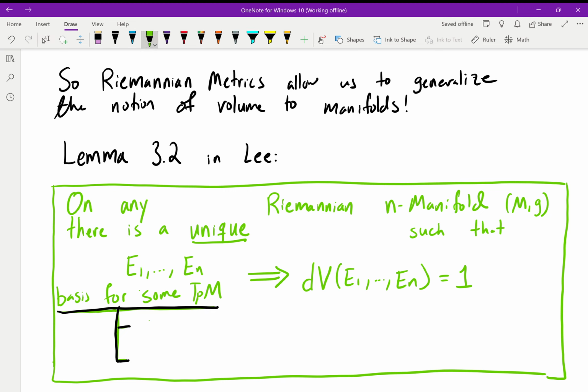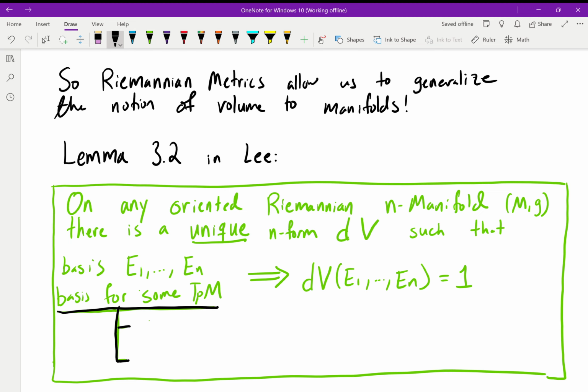So here we have this nice result. This is Lemma 3.2 in Lee, that on any oriented Riemannian n-manifold, there is a unique n-form dV such that for the basis for your tangent space, E_1 through E_n, we get that the n-form evaluated at these basis vectors is 1.